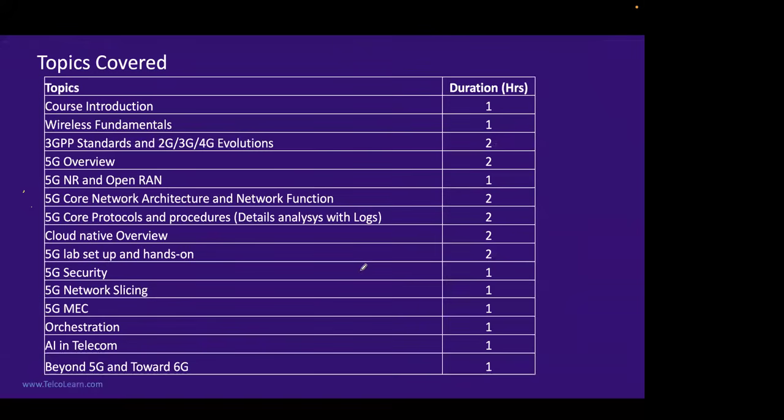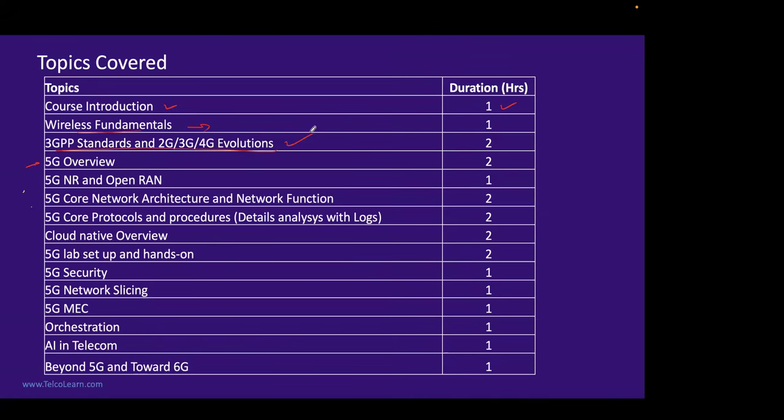Now, what are the things we are going to cover in this course? We'll start with the course introduction, which is the things we have talked about today. Then wireless fundamentals, where we talk about TDM, FDM, TDD, FDD, OFDMA, SC-FDMA at a very, very high level. Before jumping onto 5G, we also talk about 3GPP standardization and the evolution from 2G to 3G to 4G.